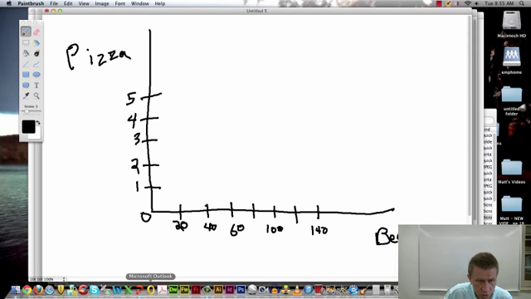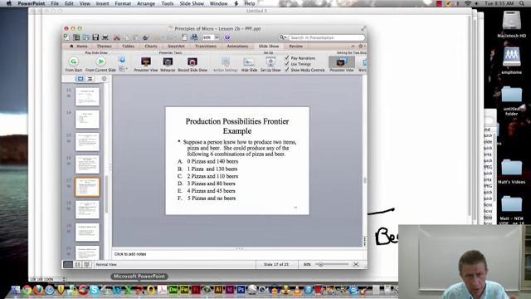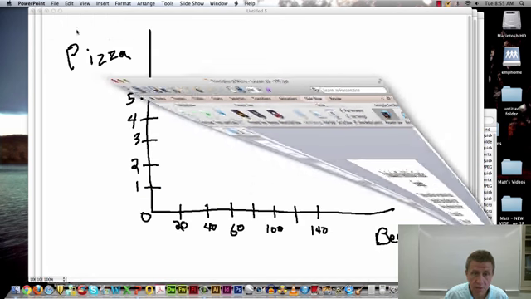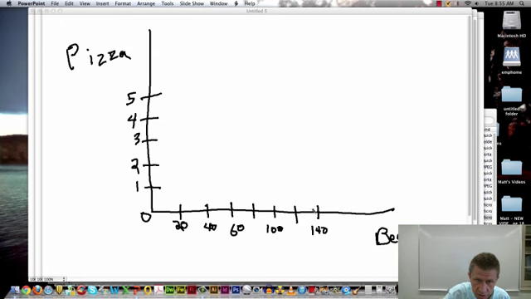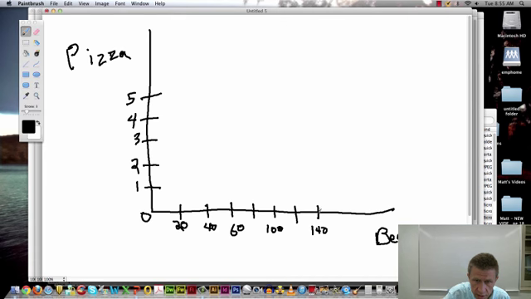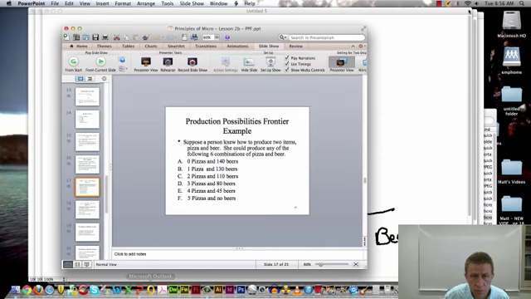If we go back to our problem, we see the various combinations. And all we do to start is just plot the points, right? 0 pizzas and 140 beers. That's one of the points, one of the combinations. I'm making this exaggerated, but that's one of the points. 1 pizza and 130 beers was another point. We go back to the problem.